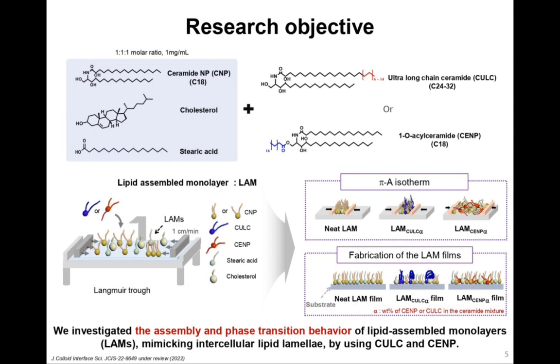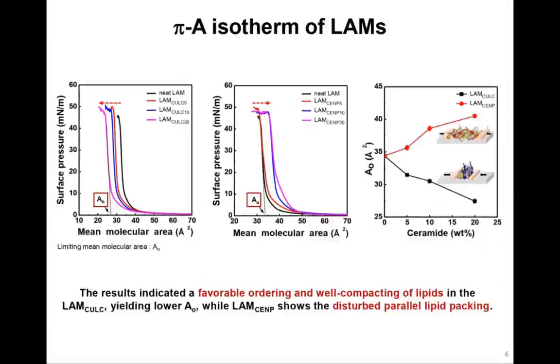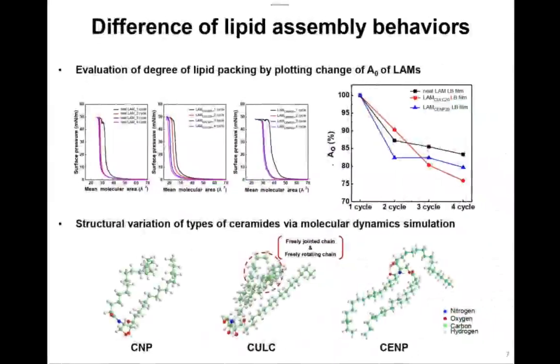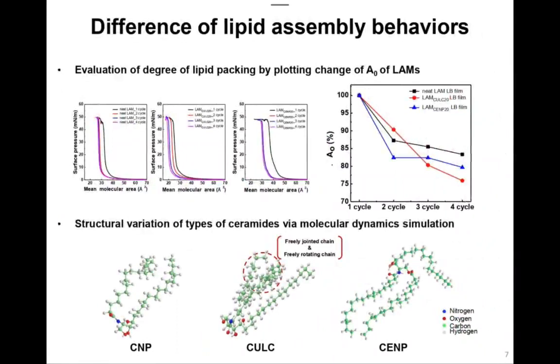I assembled monolayers of these ceramides and analyzed their characteristics. The result indicated a favorable ordering and well compacting of lipids in the CuRC assembled membrane, while the CEMP assembled membrane showed disturbed parallel lipid packing.